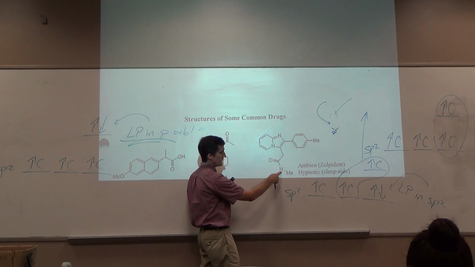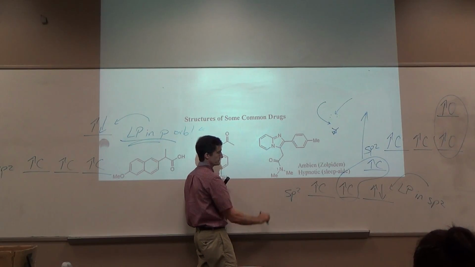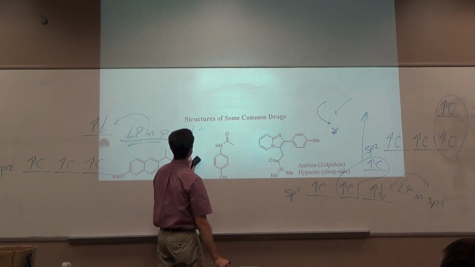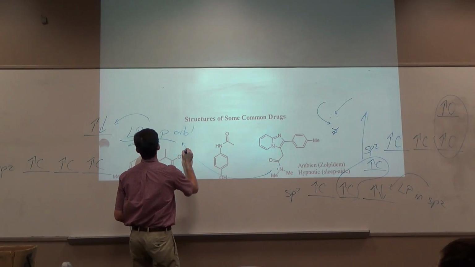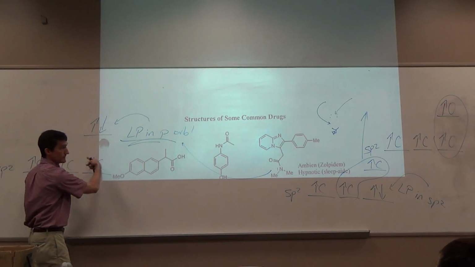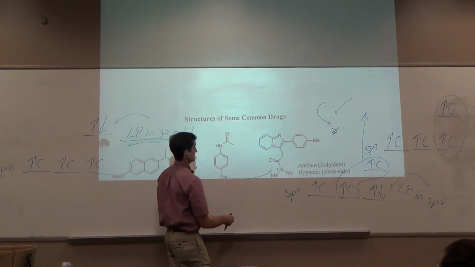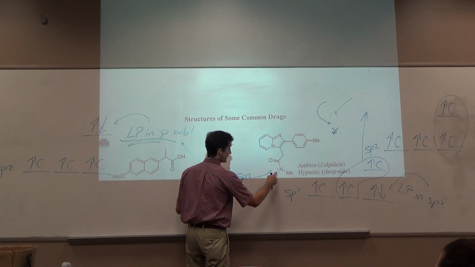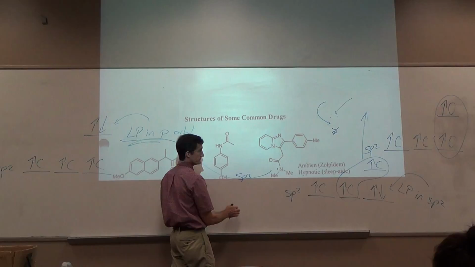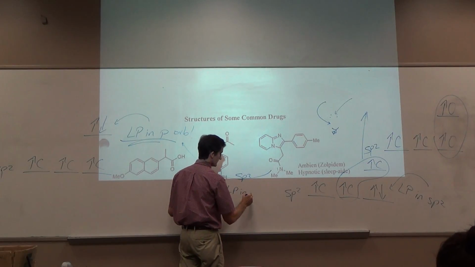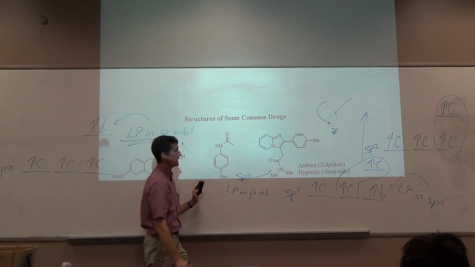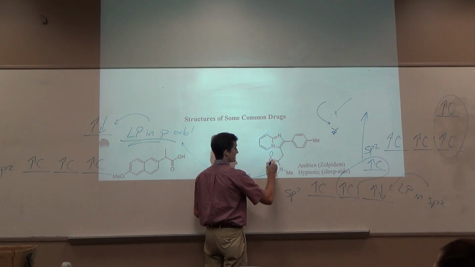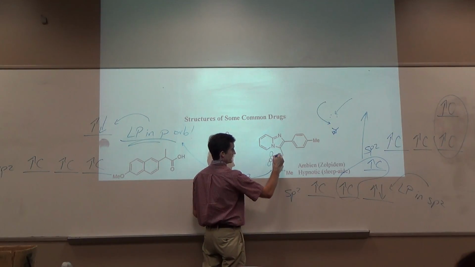What's the hybridization of this nitrogen? It's the same thing. It's sp2. The lone pair is in what type of orbital? In a p orbital. Why? Because over here you've got pi bonds.